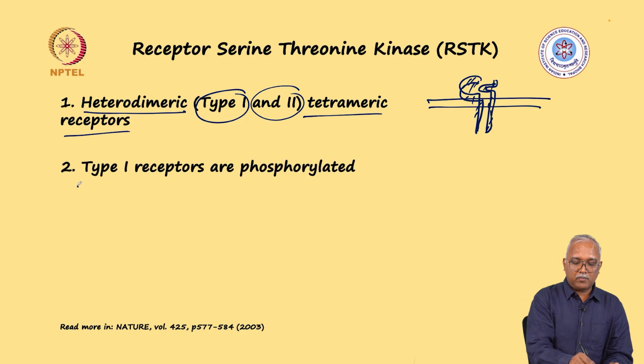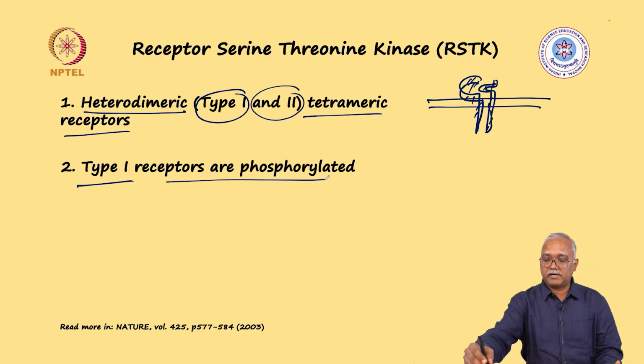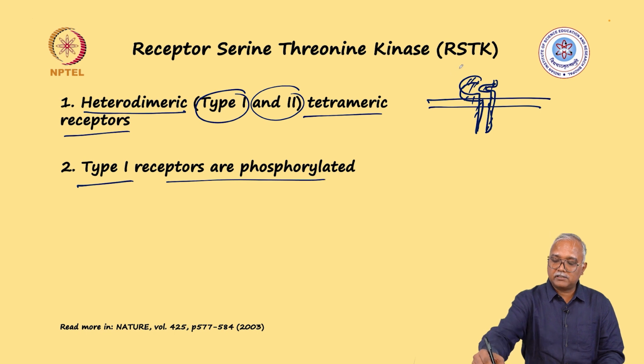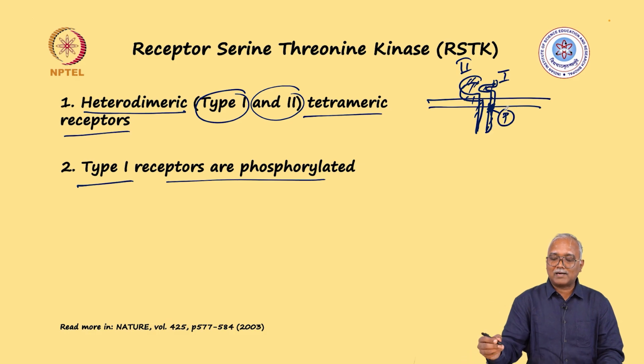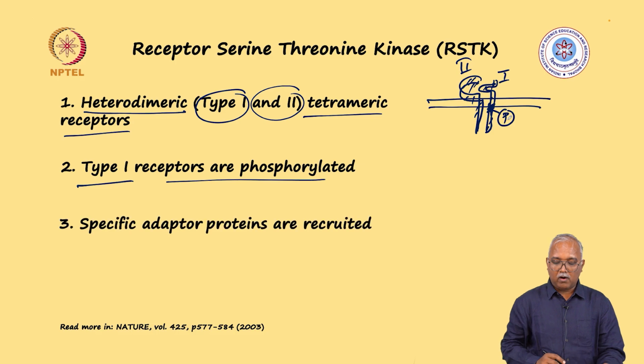So the type 1 receptor which is there is phosphorylated. If I take this example here and I say this is type 2 receptor and this is type 1 receptor, the phosphorylation happens in this type 1 receptor. And who will catalyze that? Type 2 receptor is catalyzing the phosphorylation of the type 1 receptor.